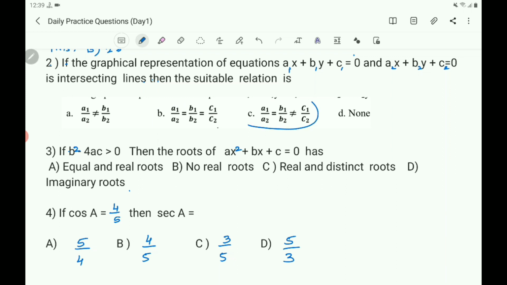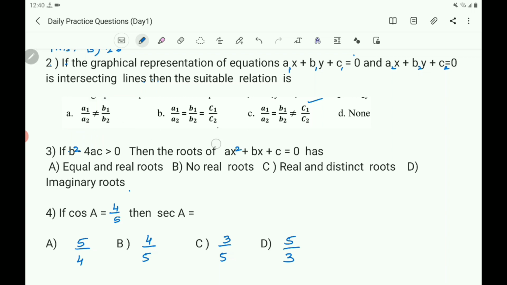And if a1 by a2 equals b1 by b2 is not equal to c1 by c2, then the graphical representation becomes parallel lines. So they have no solution. So if they are intersecting, the lines have a unique solution, only one solution. So the answer is a1 by a2 is not equal to b1 by b2.